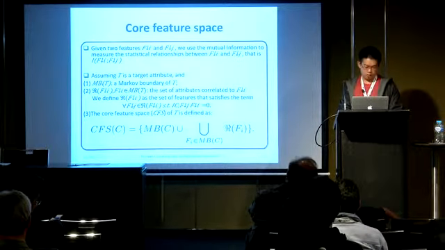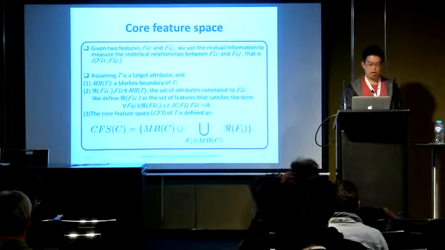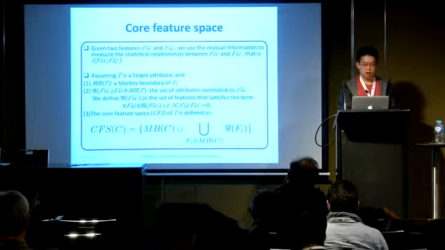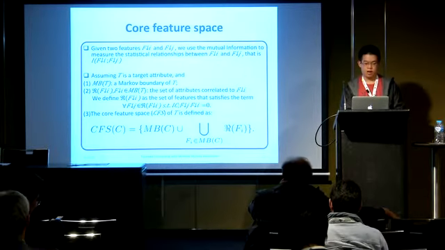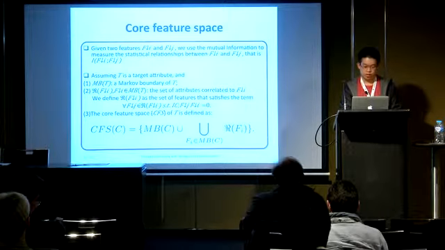And R refers to the set such that for all F sub i in the Markov boundary of T, R of F sub i is a set of attributes correlated to F sub i.